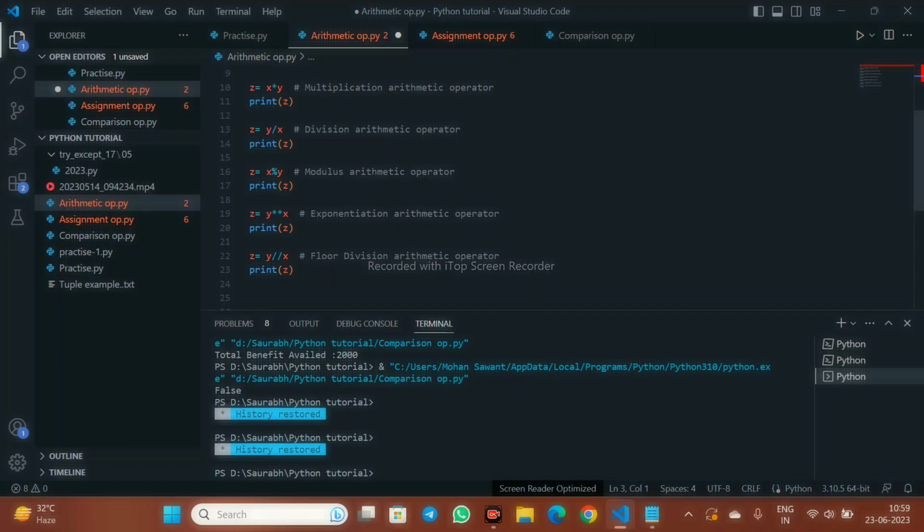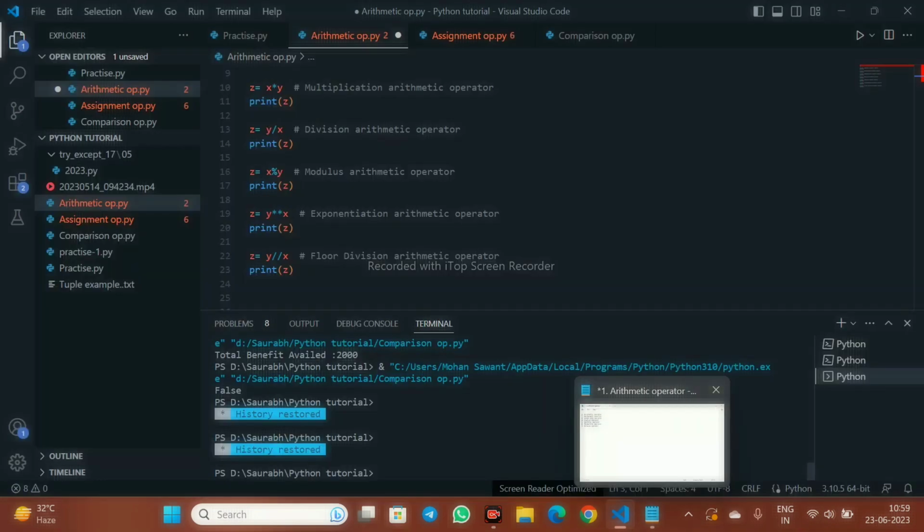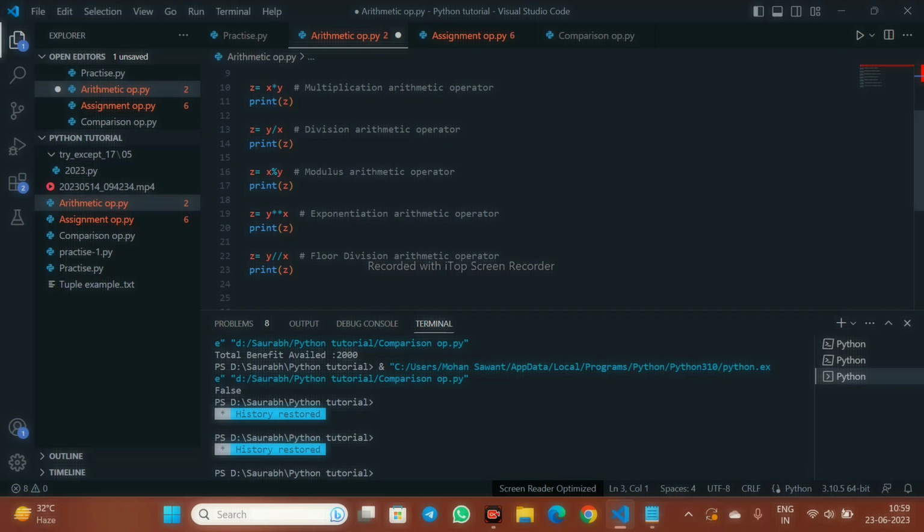Here, suppose 20 divided by 4, it will give me remainder as 0, because 4 into 5 is equal to 20. That means 4 is my divisor, 5 is my quotient, and 20 is my dividend. So my remainder will be 0. So 20 modulus 4 will be 0.